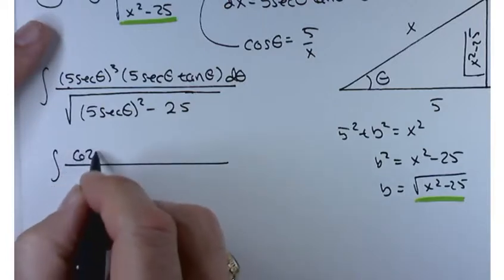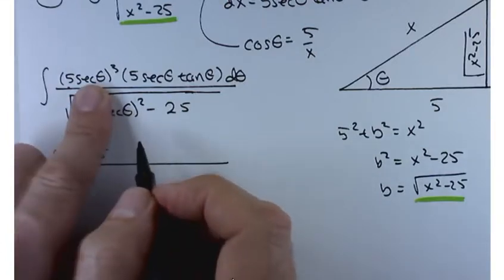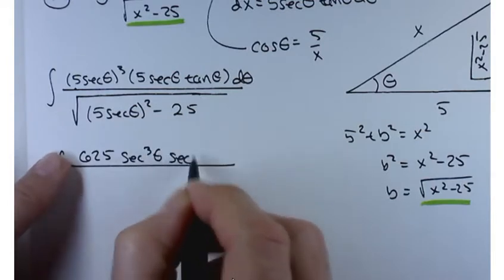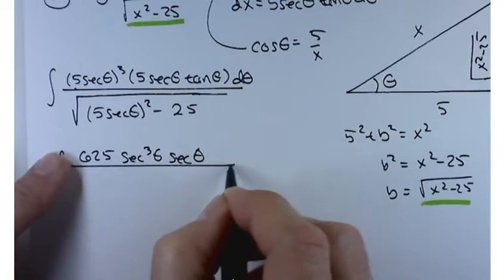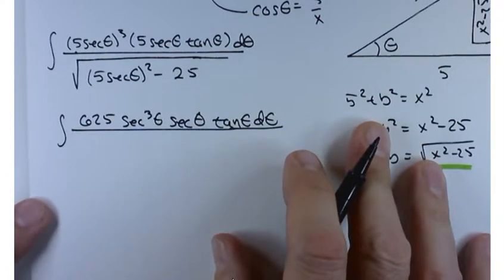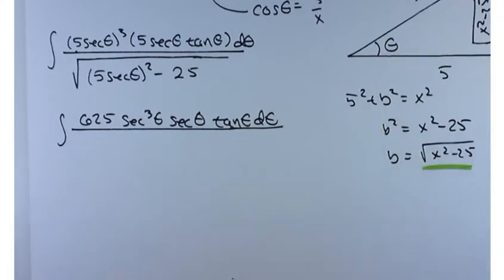Secant cubed. Secant of theta. Tangent of theta. D theta. In the denominator, we're going to do the same thing that we did with the last one. It's just going to look a little different.